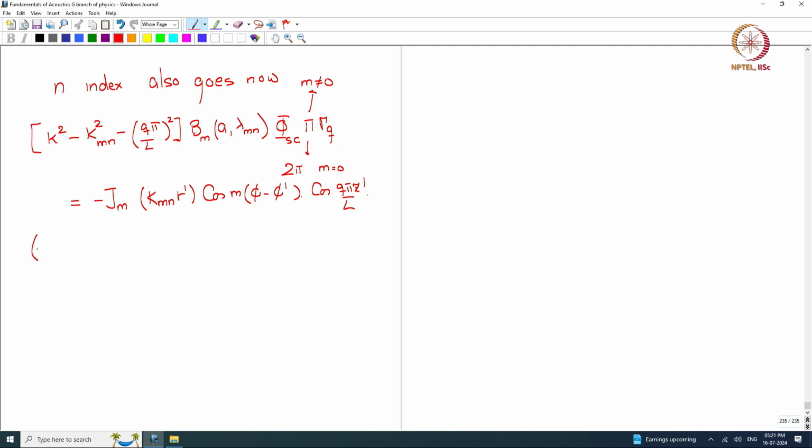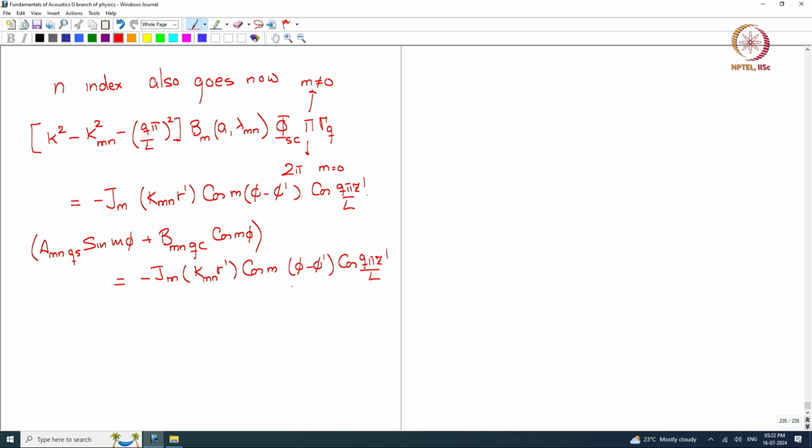Here a_mnq^s sin mφ plus b_mnq^c cos mφ is given by −J_m(k_mn r′) cos m(φ − φ′) cos(qπz′/L), and b_mn is a, λ_mn times π or 2π for m equal to 0.